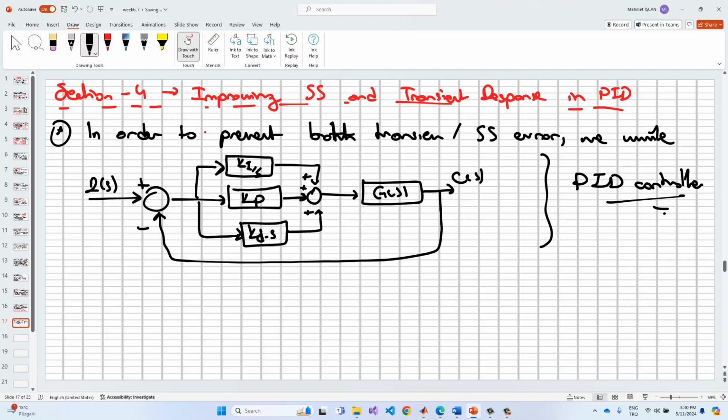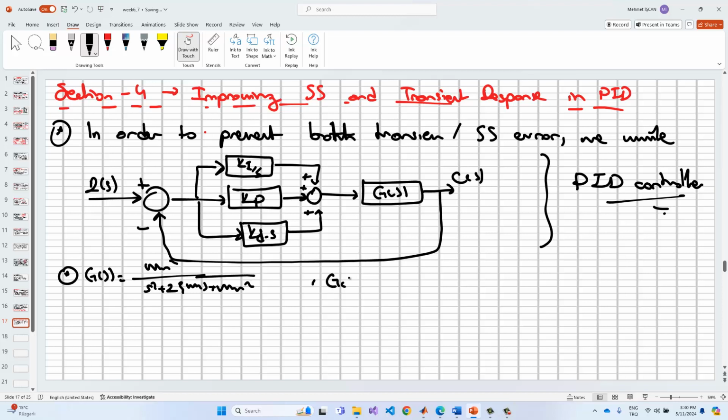Okay, for a given diagram we can say that for example G(s) is equal to omega n square divided by s square plus 2 zeta omega n s plus omega n square, just like in the MATLAB symbolic toolbox code.